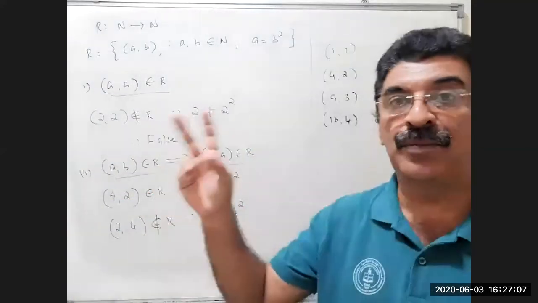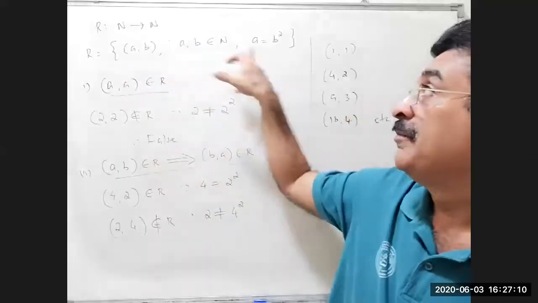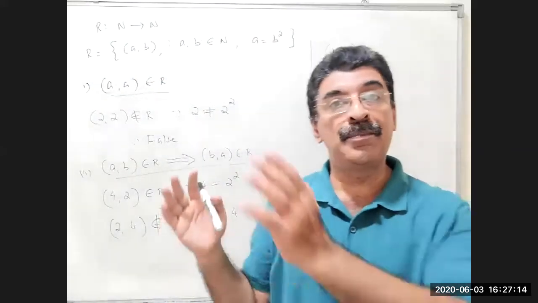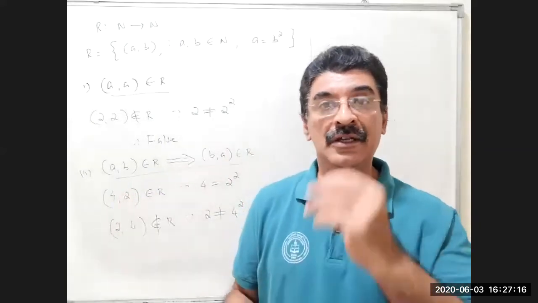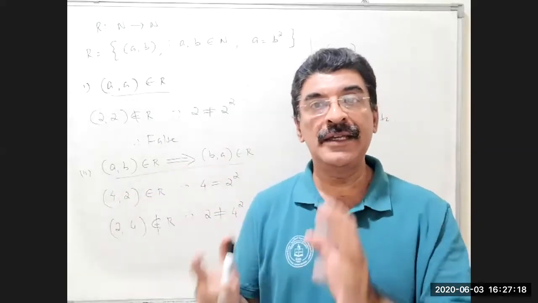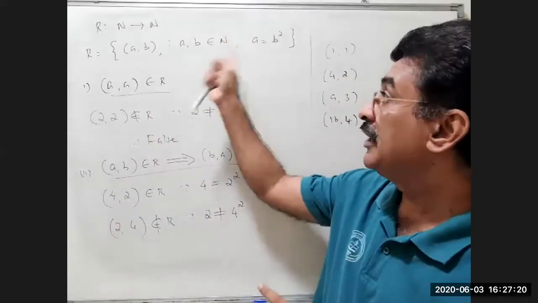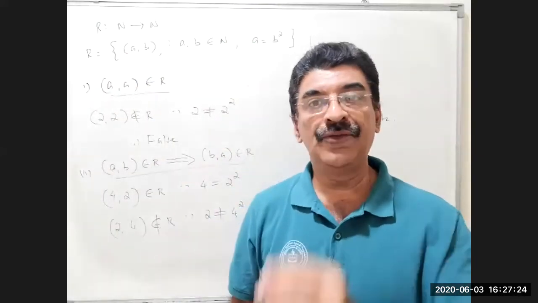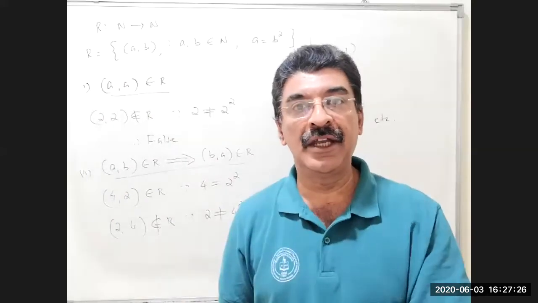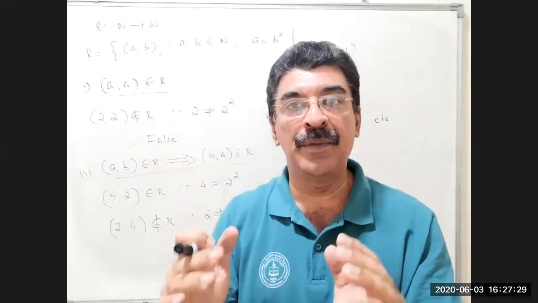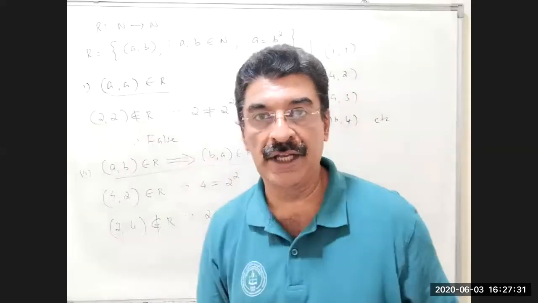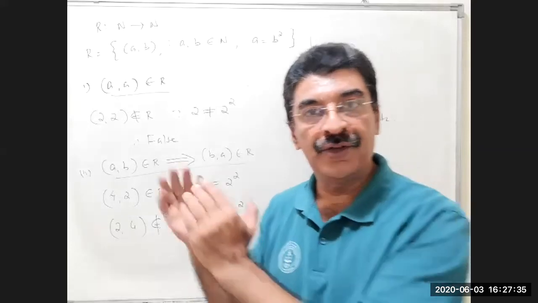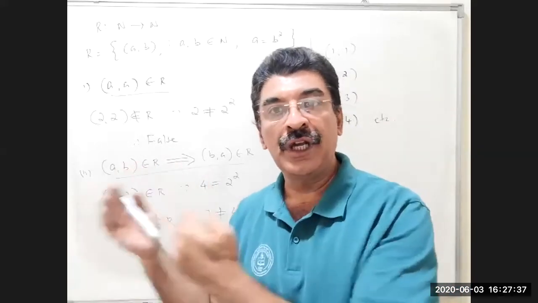We take a pair, understand this, A is equal to B squared. That means we take a pair of natural numbers such that in that pair, the first number is the square of the second number. If the first number is the square of the second number, we can take that pair in our relation. So (4, 2) can be taken, the reason being the first number 4 is the square of the second number 2.